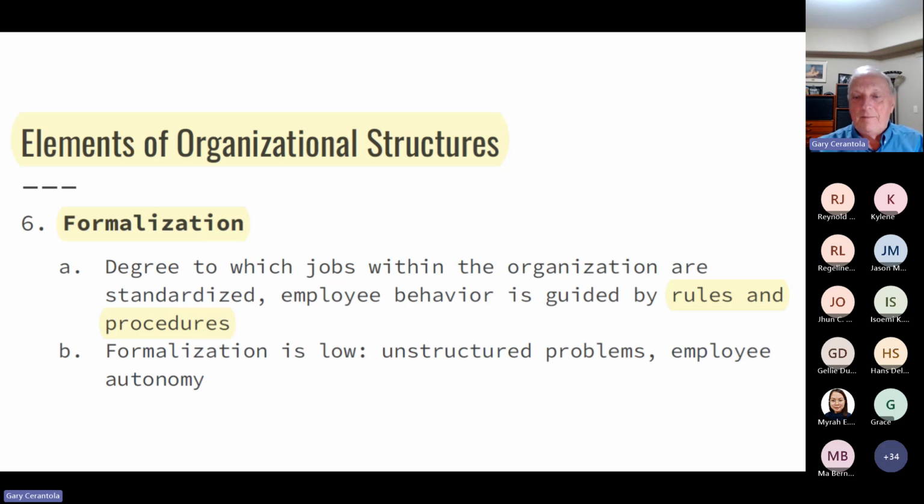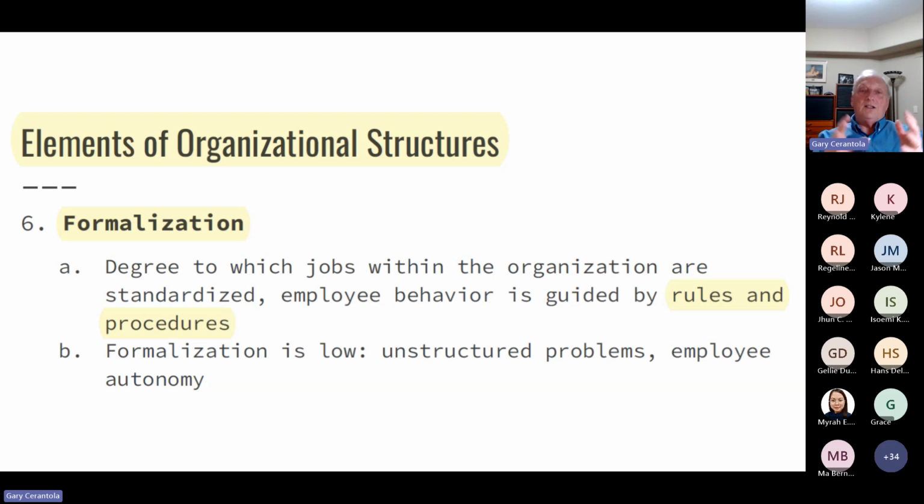And formalization is low when you have unstructured problems. You need some employee autonomy. So what that means is, especially if you've got a development group that's developing a new product, a lot of it is trial and error.